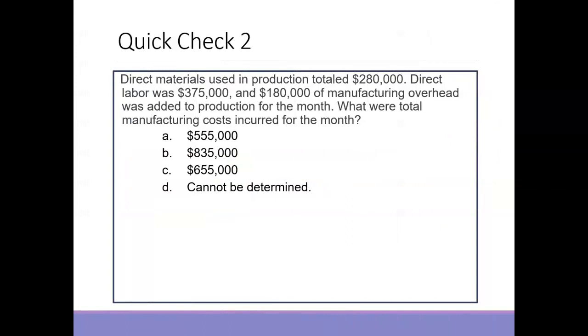Direct materials used in production totaled $280. Direct labor was $375 and $180 of manufacturing overhead was added to production. What were the total manufacturing costs incurred?